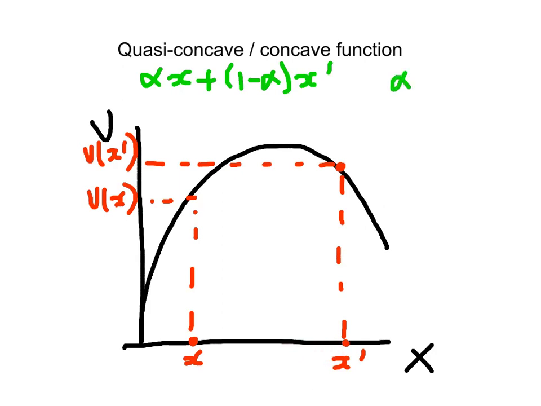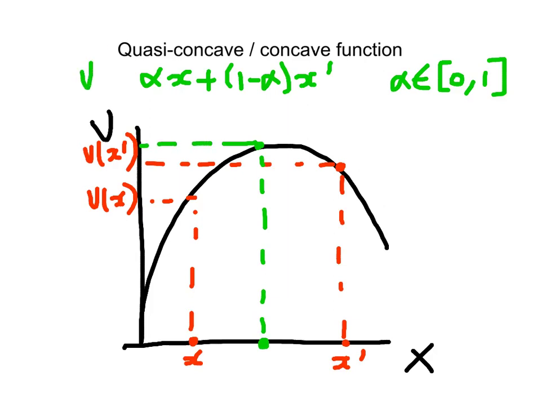Alpha is a number between 0 and 1. Let's say, for example, I pick alpha equal to 0.5, so it's going to be found here. The utility of that combination bundle is up here, right? So the utility is this point here.